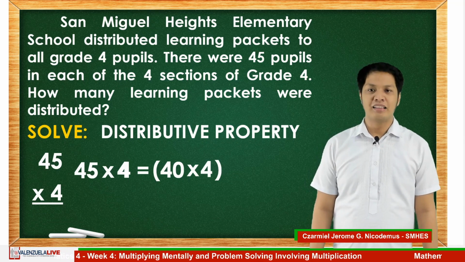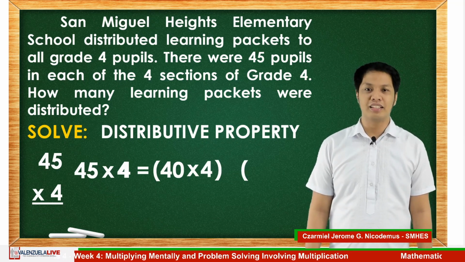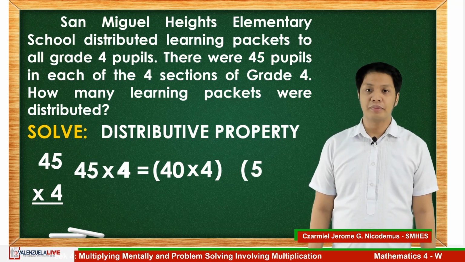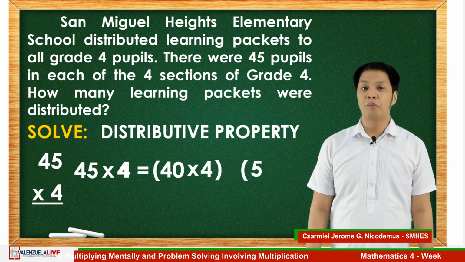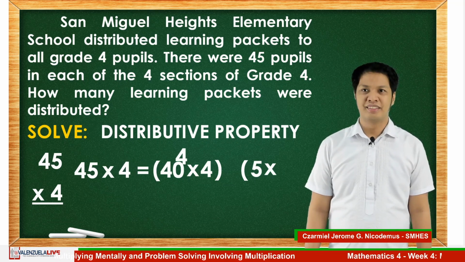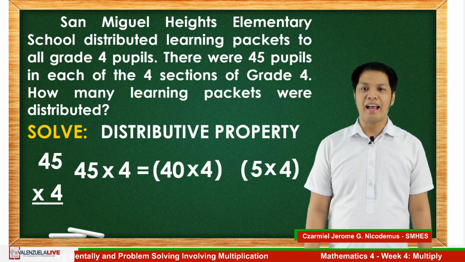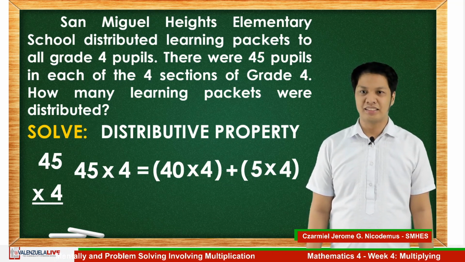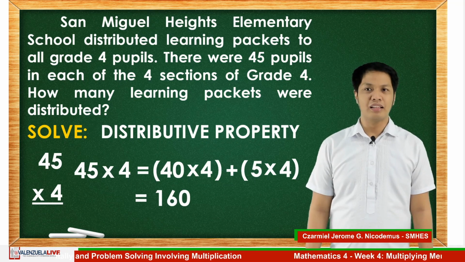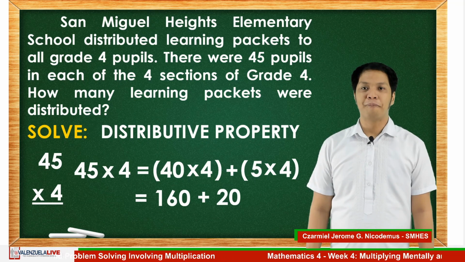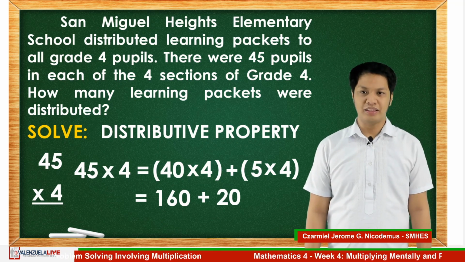Again, distribute the value of one's digit, which is 5, times the multiplier, which is 4, and add the two products. 40 times 4 is equal to 160. 5 times 4 is equal to 20.